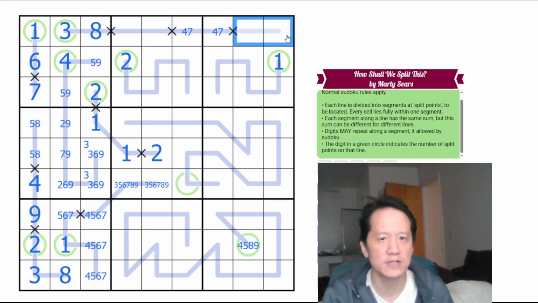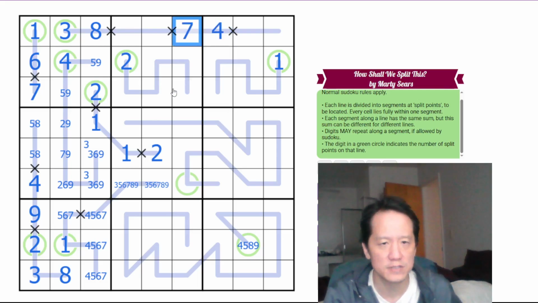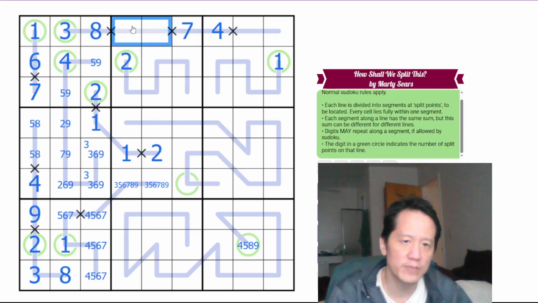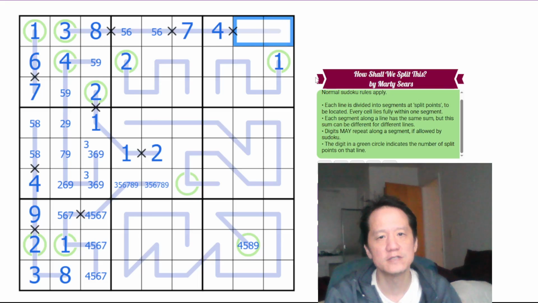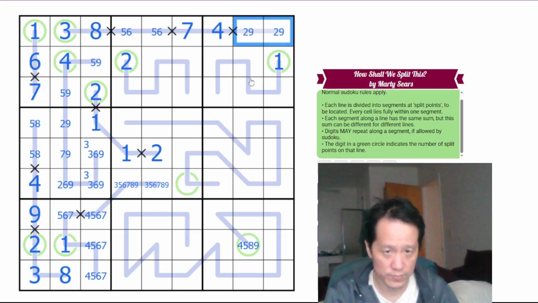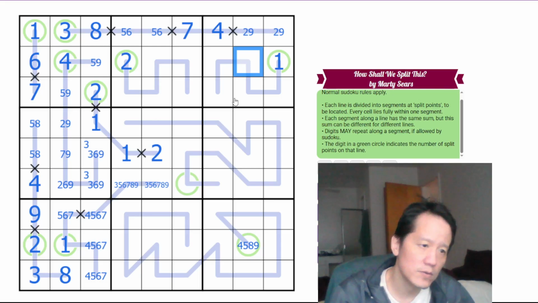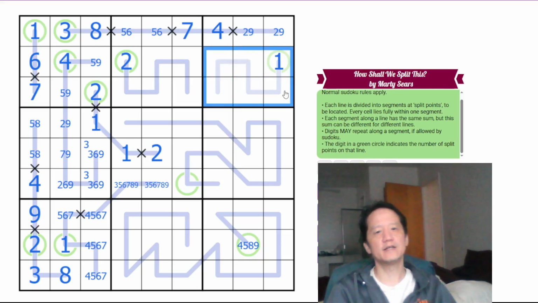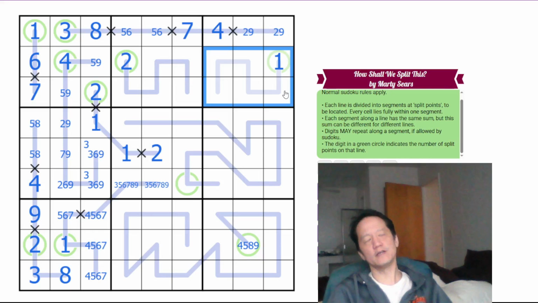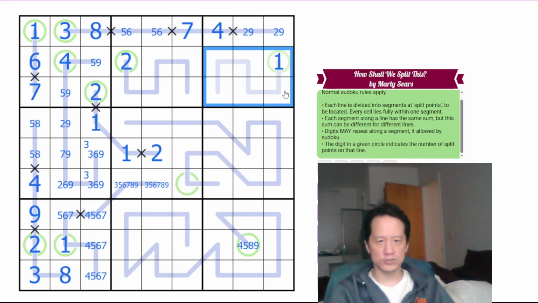We know this is 11, which is odd, so this must be even to add up to an odd number to make this all odd. So this must be 4, which makes this a 7. This can't be 2, 9. So this has to be 5 and 6, and this is 2 and 9. Therefore, this adds up to 15. We know these digits must add up to then 15 each also.